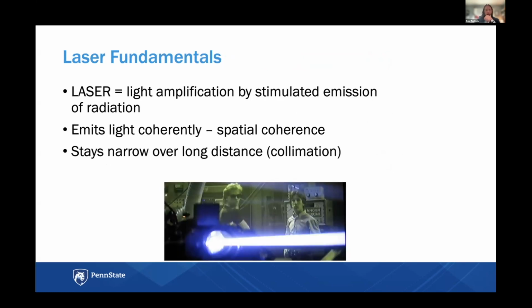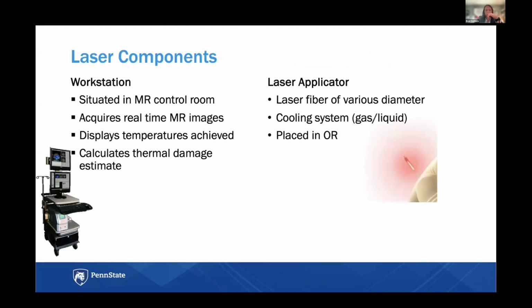Laser is light amplification by stimulated emission of radiation. It emits light coherently, so it has very tight spatial coherence and stays narrow over a long distance. The components of the LITT system are a workstation typically situated in an MRI control room, where you acquire real-time MRI imaging, display temperature data, and calculate how much of the area you've damaged.